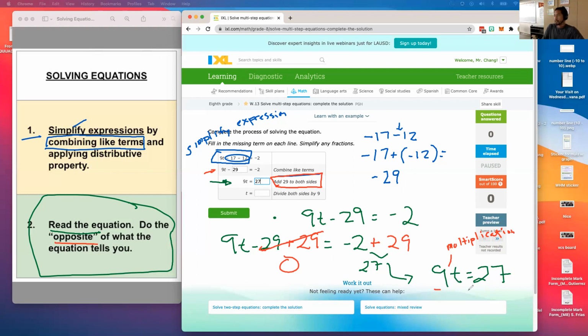Instead of multiplying 9 times t, I'm going to divide both sides by 9. 9t divided by 9 just gets you 1t. And 27 divided by 9, you should recognize as the number 3. So that is your answer. t equals 3.